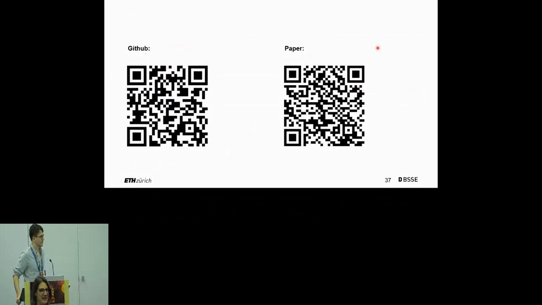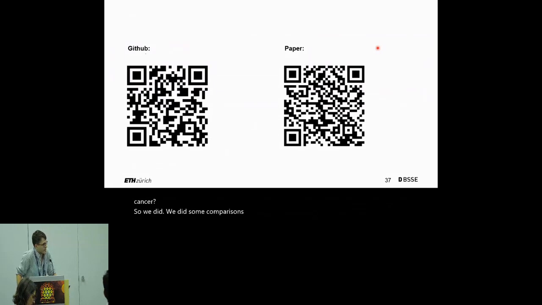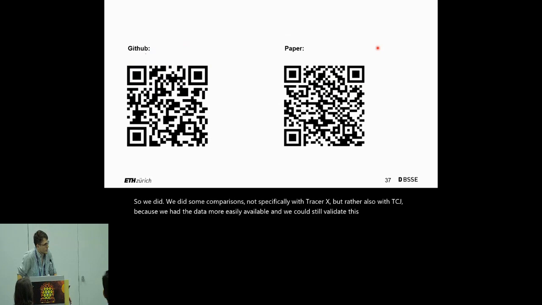Hi, great talk. Thank you for sharing. I was wondering if you had taken a look at comparing your model of progression of these genes with, say, the TracerX consortium results in lung cancer. So we did some comparisons, not specifically with TracerX, but rather with TCGA, because we had the data more easily available, and we could still validate these trajectories on the primary tumors.